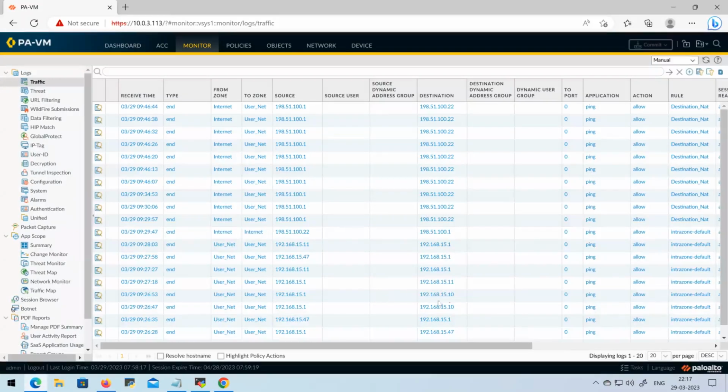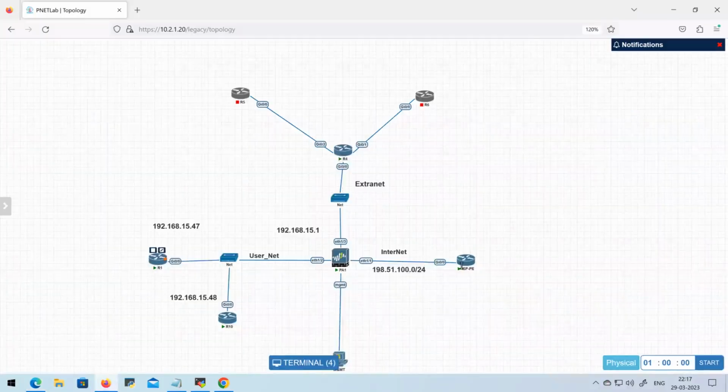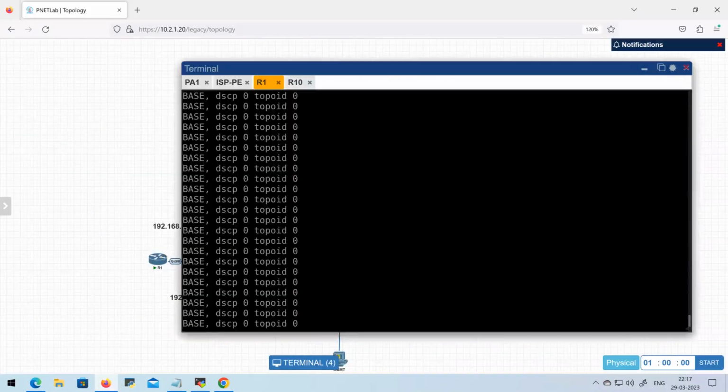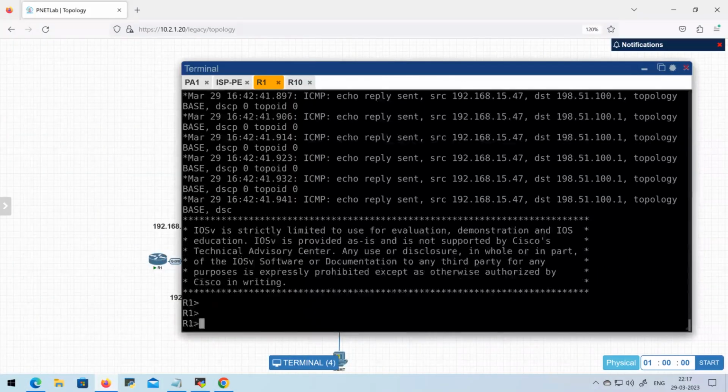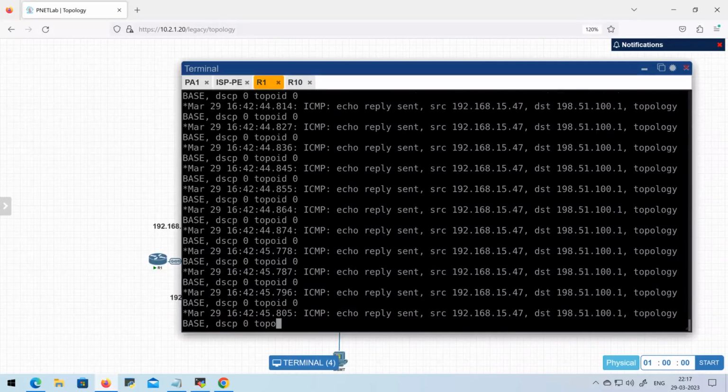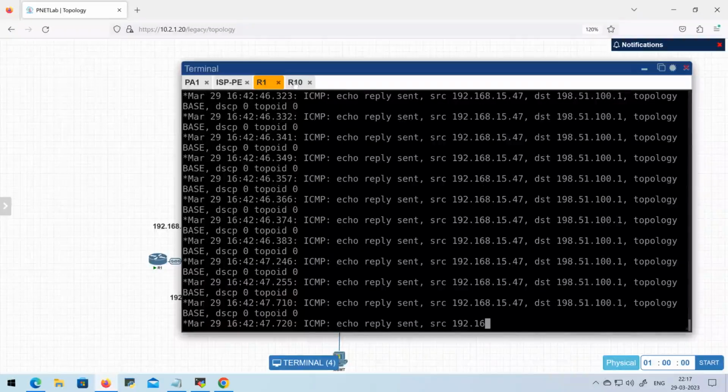But we changed the IP to 48. See, 47 and 11 both are there. We can verify this. How? Just run the debug. So we are getting here.